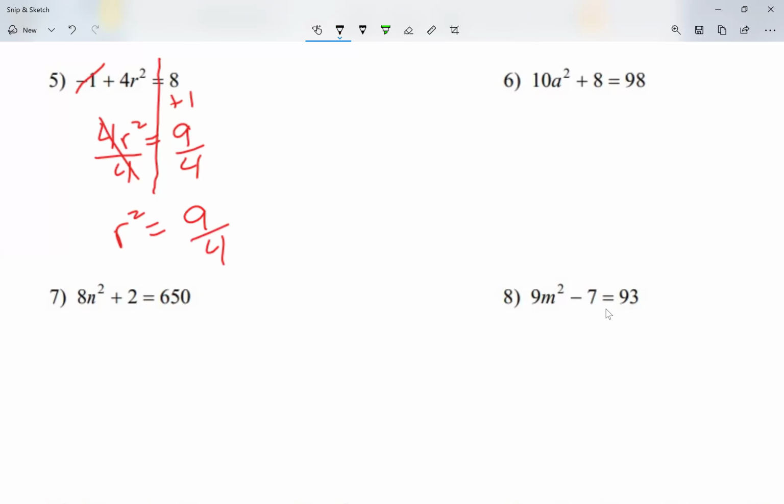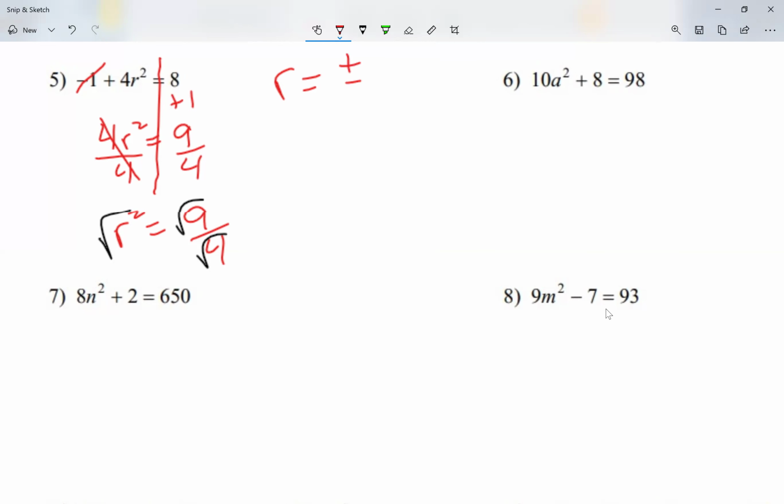Okay. Now remember from yesterday that the way I get rid of an exponent, the second exponent, is by doing a square root on everything. So r, I'm going to write it up here. It's going to be, remember how I said square root has two answers, a positive and a negative.